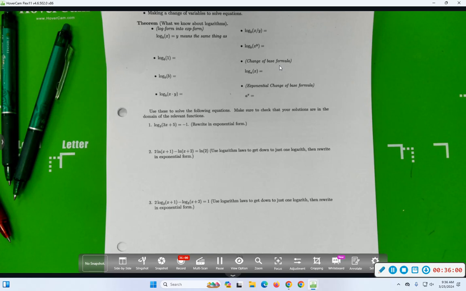Let's see, how many logs are in the formula? Just 1. And all the unknowns are inside of the log. So it's like the useful thing we did last time in this situation. How could we get rid of that log?